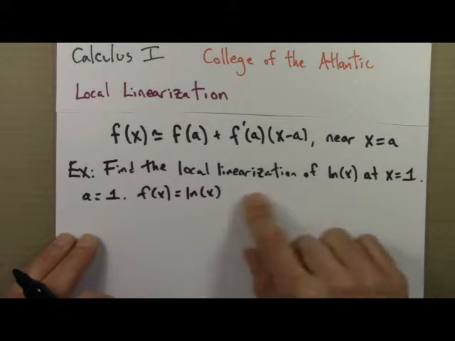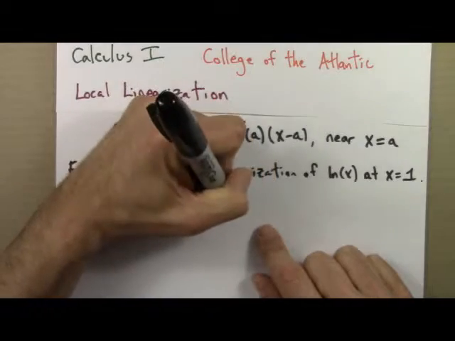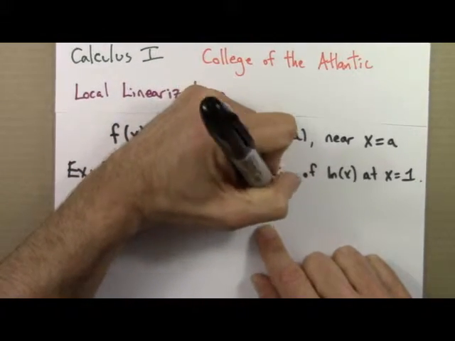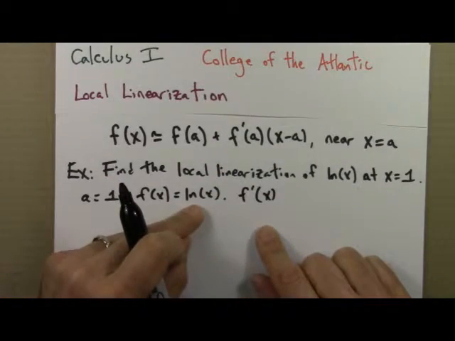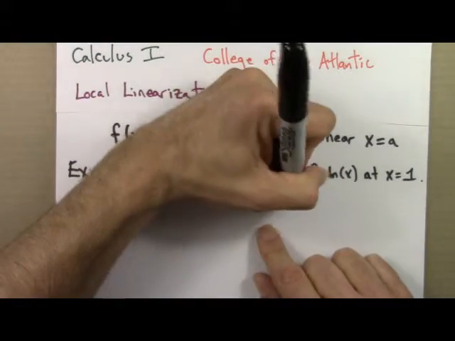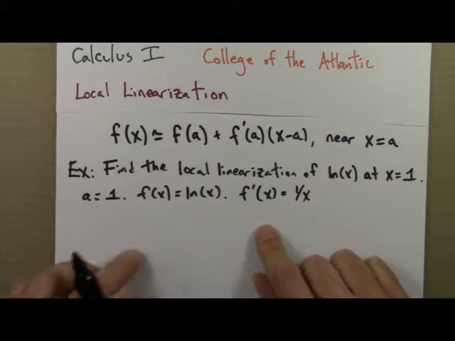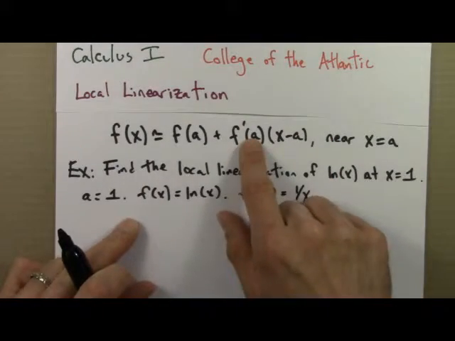So I need to take the derivative. I'm going to need that. So that's f prime of x. And the derivative of natural log is 1 over x. So now I've got all the ingredients to use this formula.